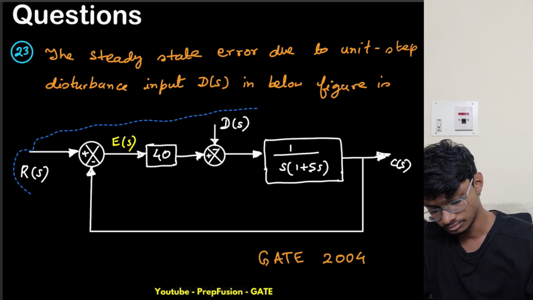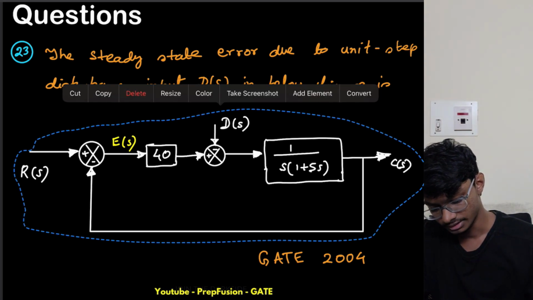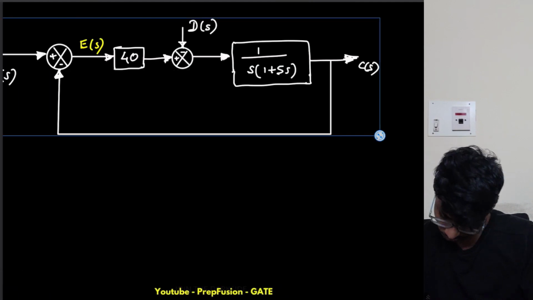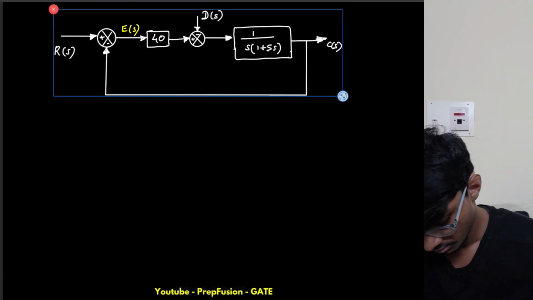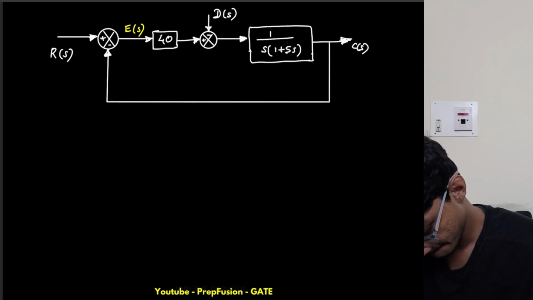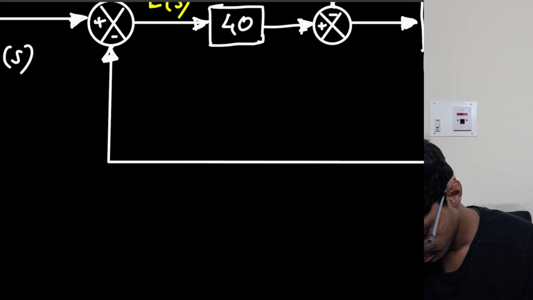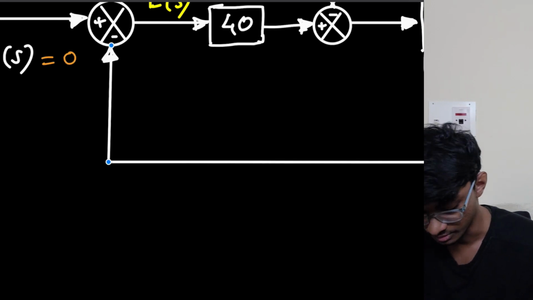So let me take the block diagram, and this R(s) will be 0 this time. R(s) will be 0, right?